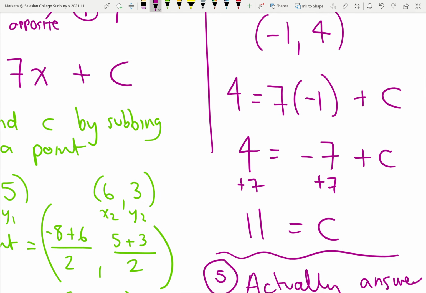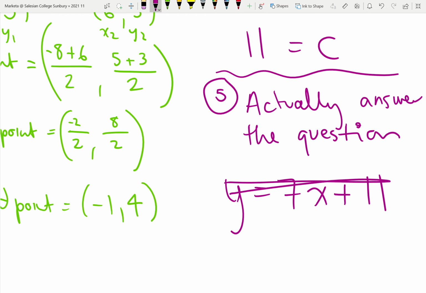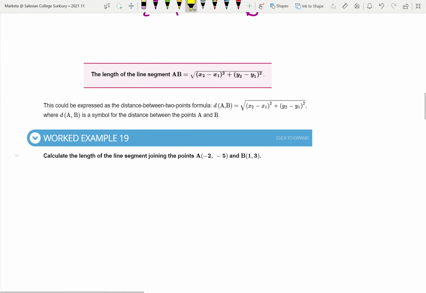So our final answer is y equals 7x plus 11. And this is the equation of the perpendicular bisector. So perpendicular, opposite gradient, bisector, it goes through the midpoint of the line that we're bisecting. So there it is. All right, let's move on.